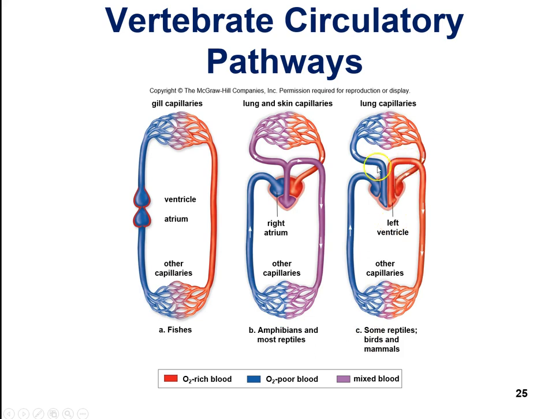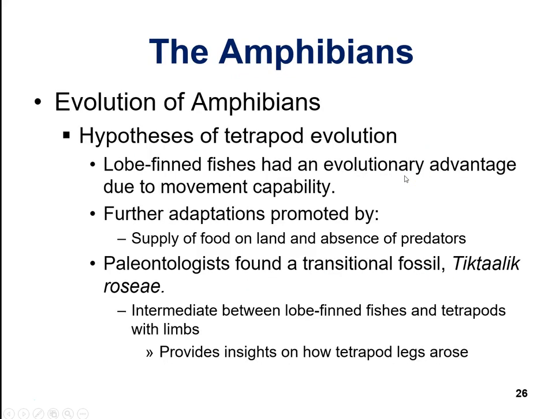Here you notice that there is never any mixing of unoxygenated and oxygenated blood in the heart. You have 4 chambers: 2 receiving chambers, right atrium and left atrium, and then 2 pumping chambers. We'll talk more about circulatory pathways and the circulatory system in a couple chapters.